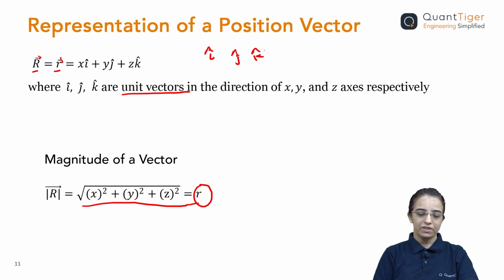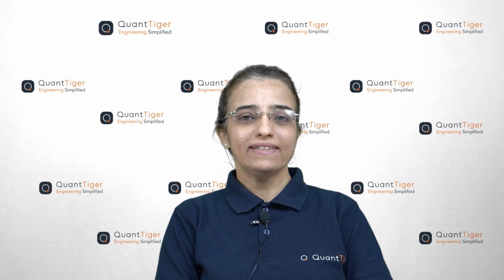This formula is also important because we will be using it further. Remember that this finds the magnitude, and since it's a magnitude, we use this sign to represent it. Both formulas, how to represent the position vector and how to find its magnitude, are important. Let's discuss in more detail in the next video.